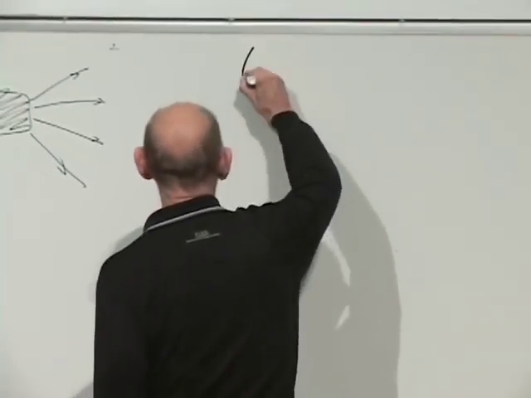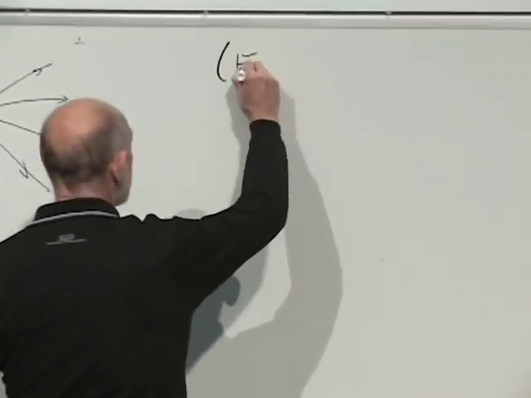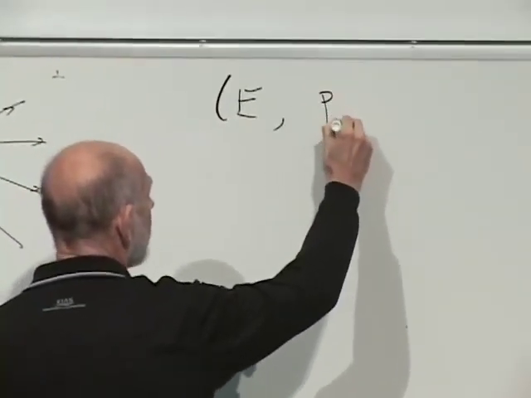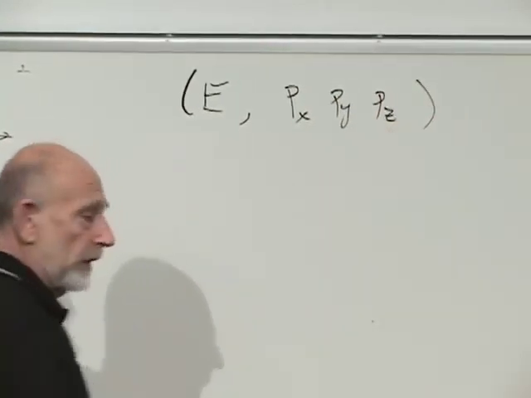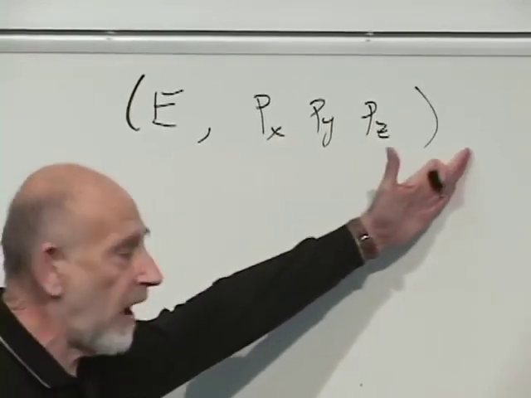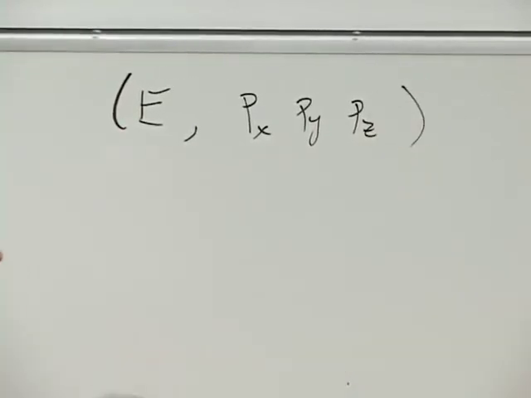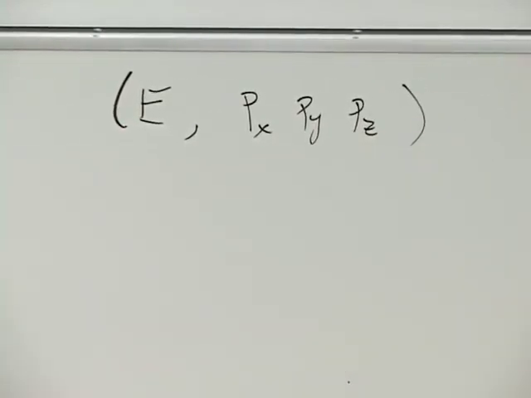Okay. Let's write down what a 4 vector of energy momentum is. The energy and the 3 components of momentum. Of course, if we're working in 26 dimensions, we have 25 components here, but I'll just write down 4 of them. That's a 4 vector, relativistic 4 vector.